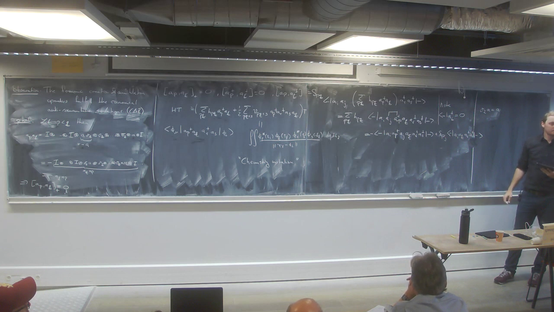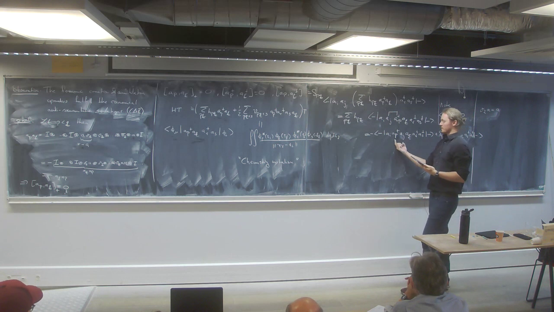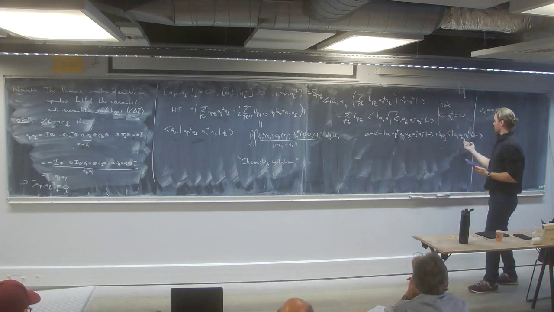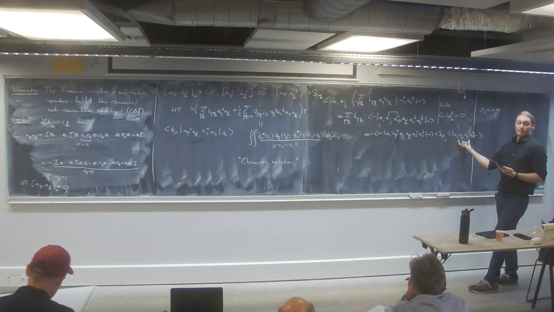Fair enough. Okay, and then you see, we moved this one closer to the vacuum state, and we obtained a delta, but shrunk the string of matrices by 2. Okay, so then we proceed.